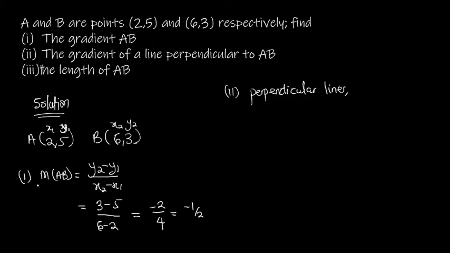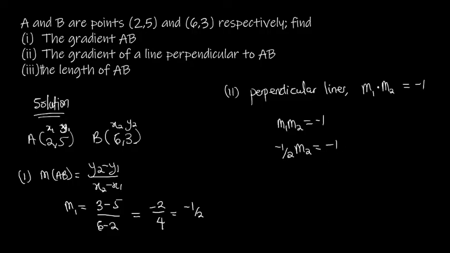So assuming the gradient over here is m1, if I multiply m1 by the gradient m2, which is the line perpendicular to the line AB, I should get the result to be negative 1. So if that holds true, then m1 m2 is equal to negative 1, and therefore negative 1 on 2 multiplied by m2 should be equal to negative 1.